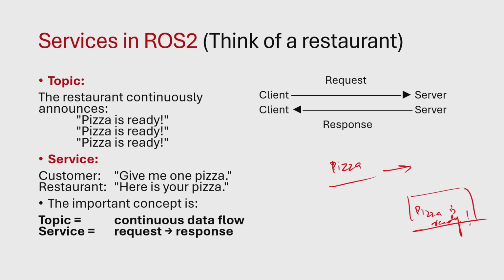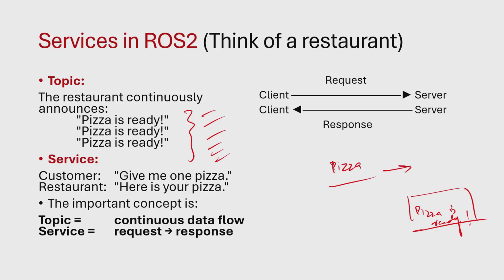So what happened here is that one particular event happened. You asked for pizza, they prepared it and gave it to you, right? It was not like the screen was continuously publishing pizza is ready, pizza is ready, pizza is ready, and so on, because that would be a loss for them. The message is only displayed when the pizza is ready.